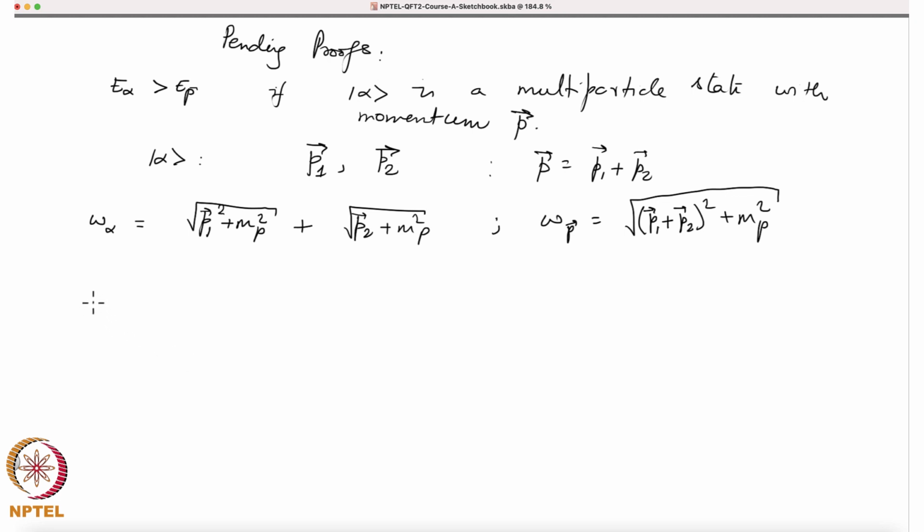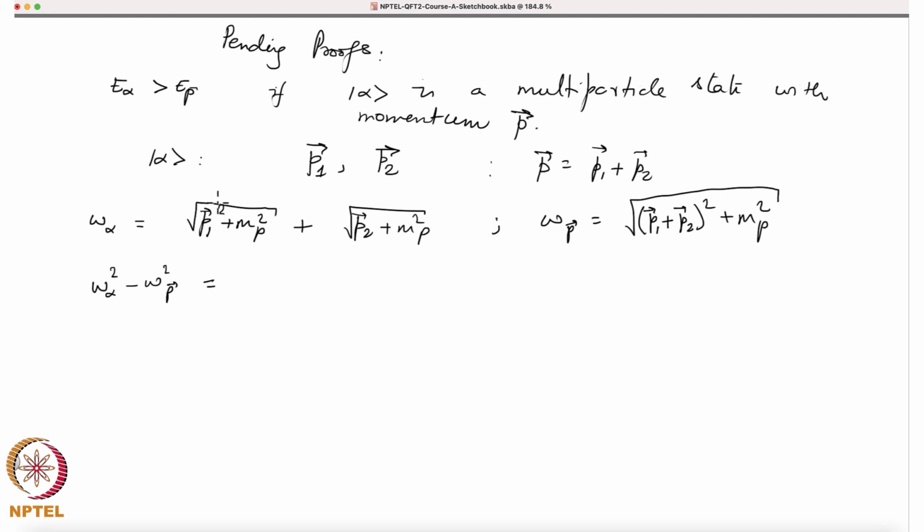Okay, since both omega alpha and omega p are positive numbers, I will just look at the difference of their squares rather than omega alpha minus omega p. It will be slightly easier. So what is this?